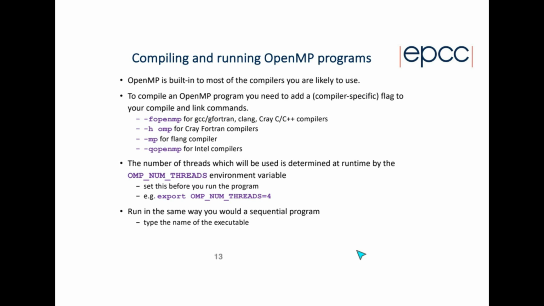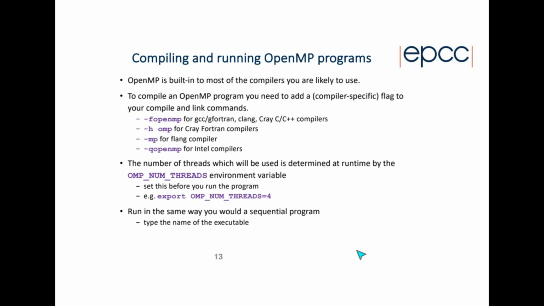OpenMP doesn't require anything in the way of a launcher application like MPI does. So there's no equivalent of mpirun or mpiexec or srun, whatever you use to launch MPI programs. You don't need that for OpenMP. It's fine to srun an OpenMP program on ARCHER2.